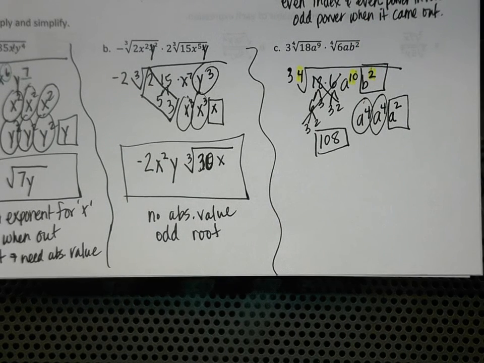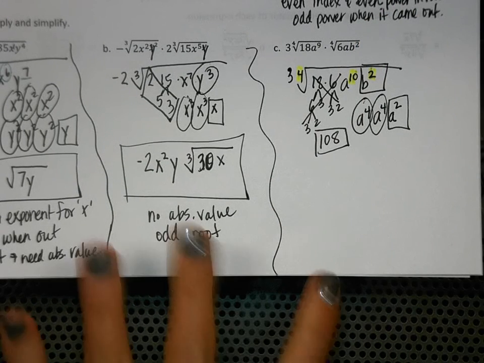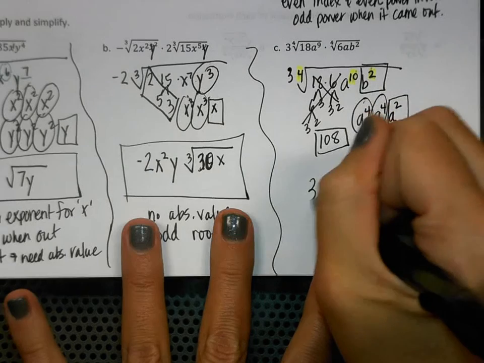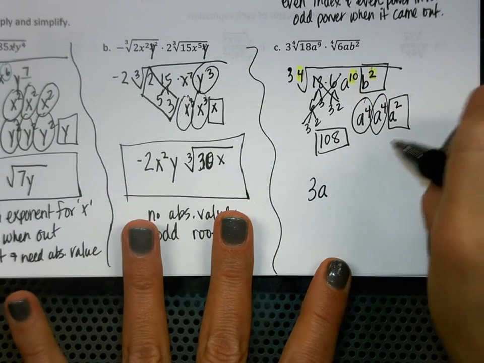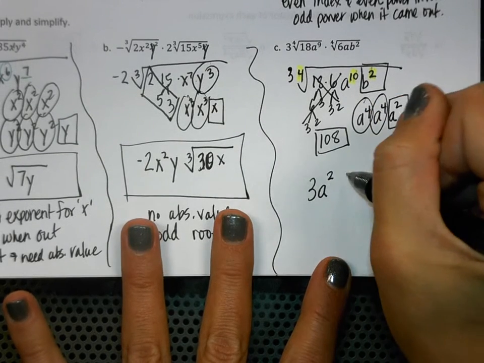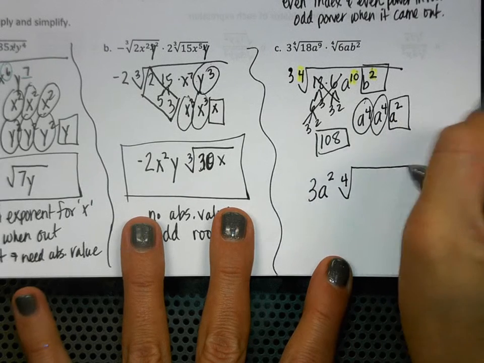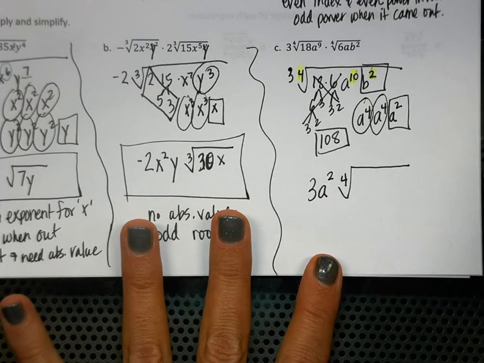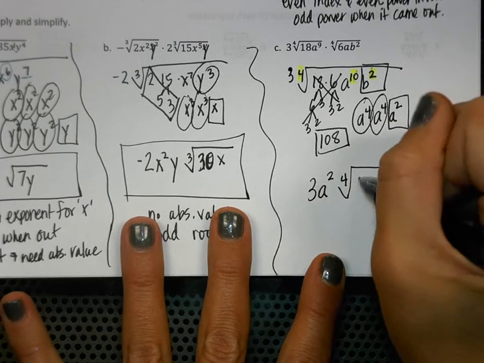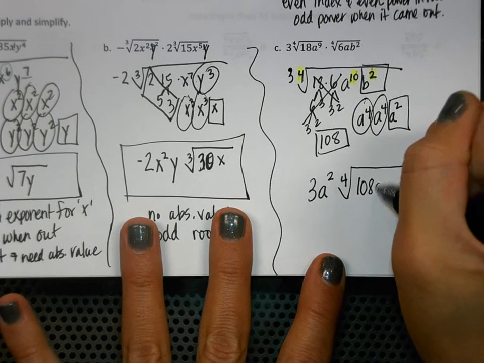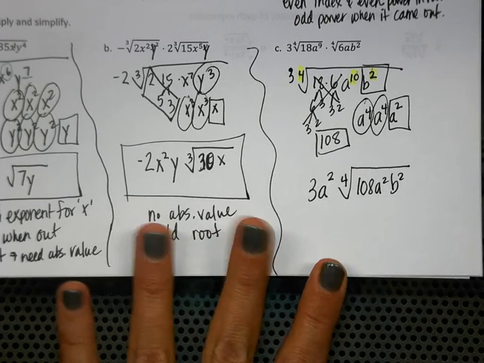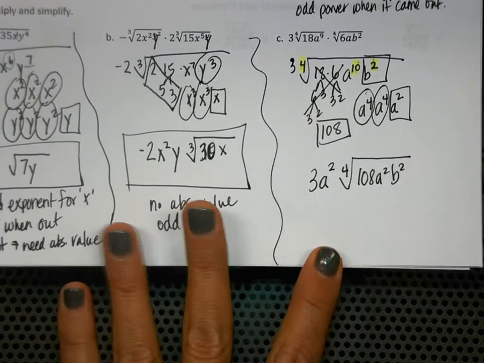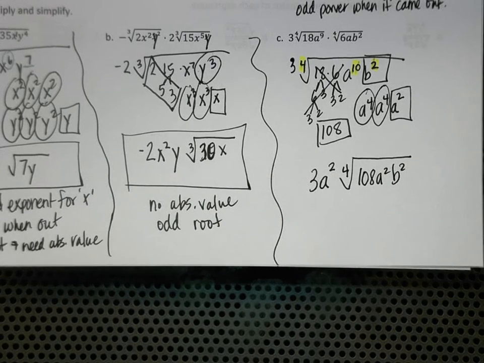So how am I going to write this answer? 3A to the 2nd power. And then we have the 4th root of 108 A squared B squared. Okay. How many think we need to put absolute values around A squared?